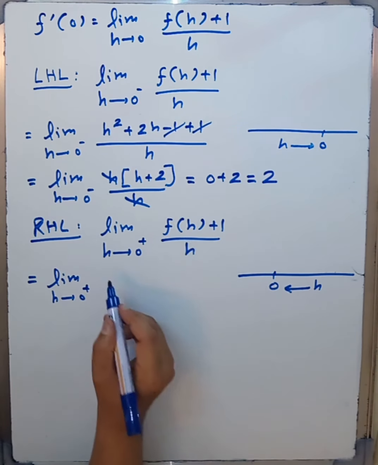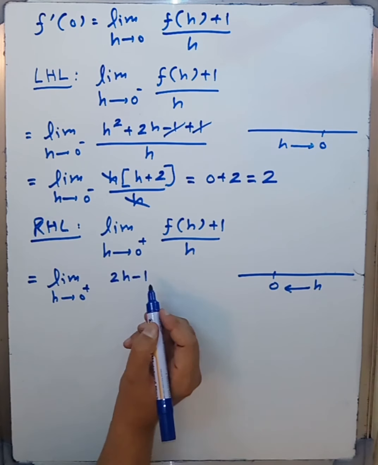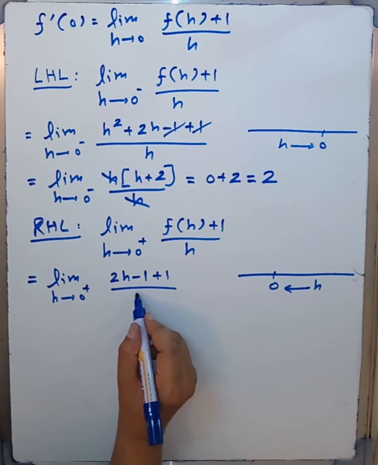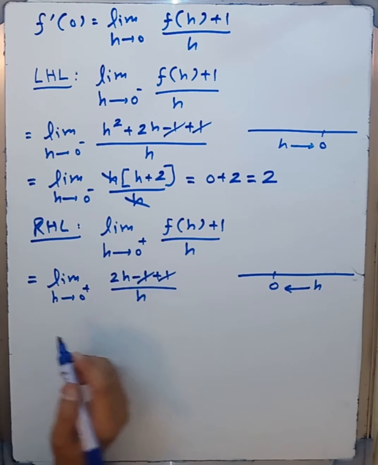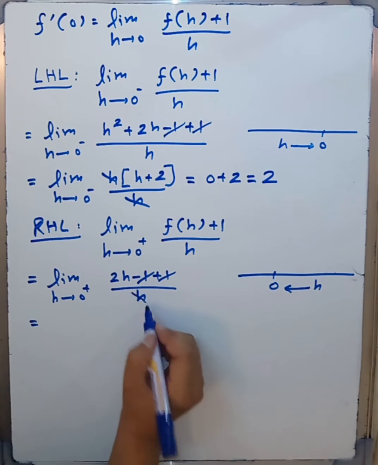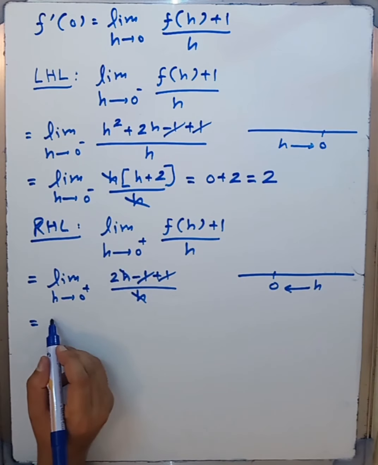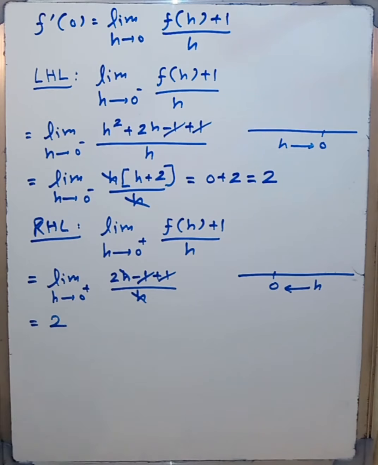Therefore, I will get 2h minus 1 plus 1 divided by h. Minus 1 plus 1 gone. h cancels with h. Therefore, the right hand limit is equal to 2.